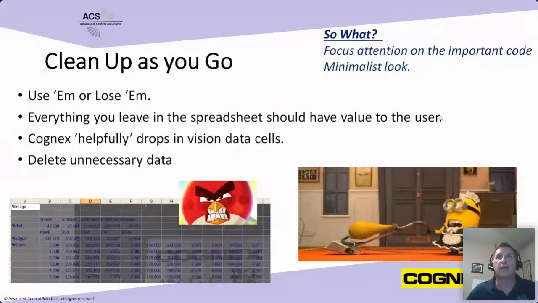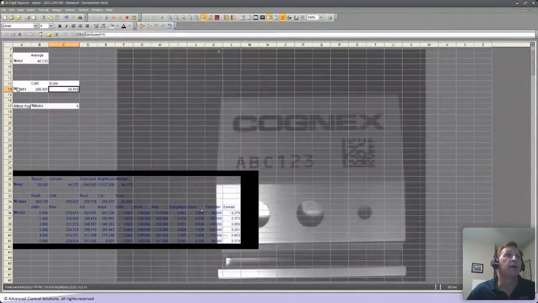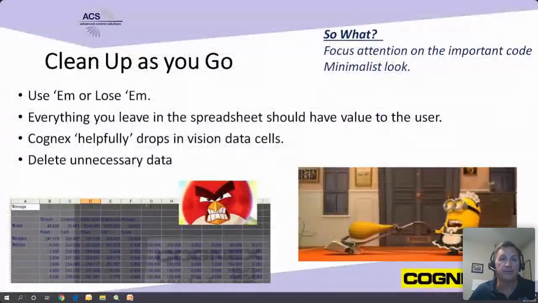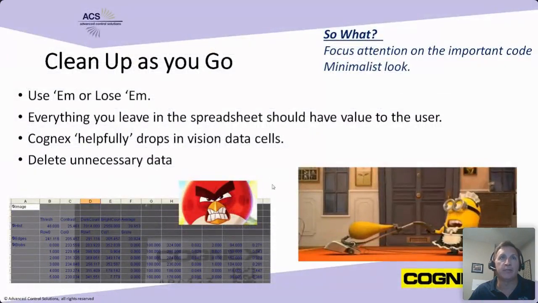Everything you leave in the sheet's got to have some value to it. If not, hide it and get rid of it. Doesn't mean it has to be used for other calculations. For example, if we go back to this edge tool, all I might need is this column, but it might be valuable for the user to be able to see the score to know if his edge is close to its threshold. So might use it, but again, decide if there is value in there and get rid of anything that's unnecessary.